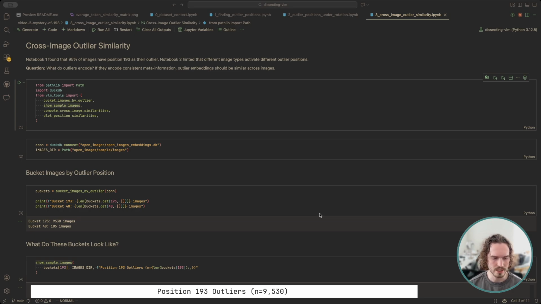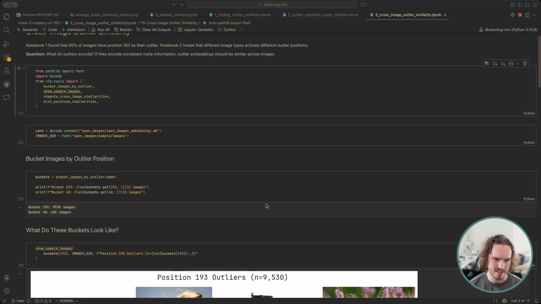But if 193 truly does encode some type of meta information, then across the images where 193 is our outlier, the 193 slot should be very similar across all of those.